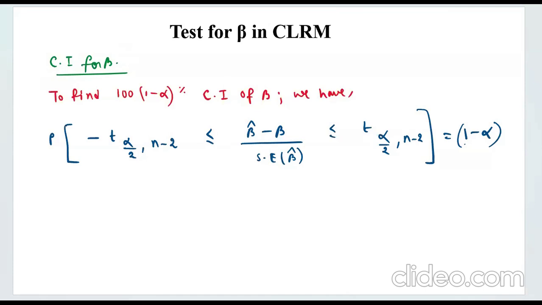Now you can simplify. What you can do: probability of minus t alpha by 2, n minus 2, and then you can multiply the standard error of beta cap on both sides.